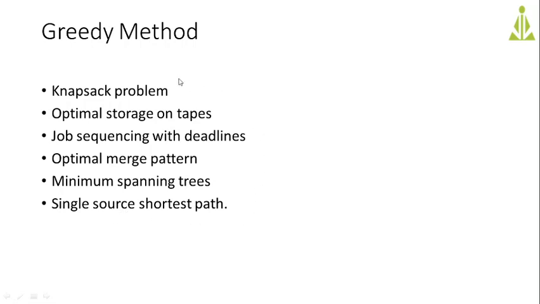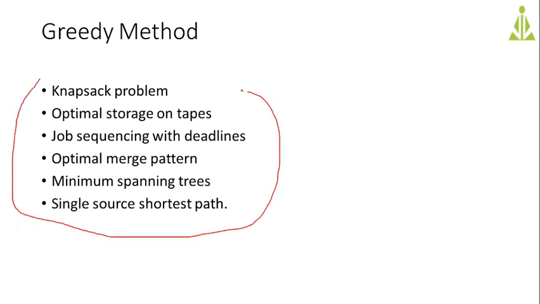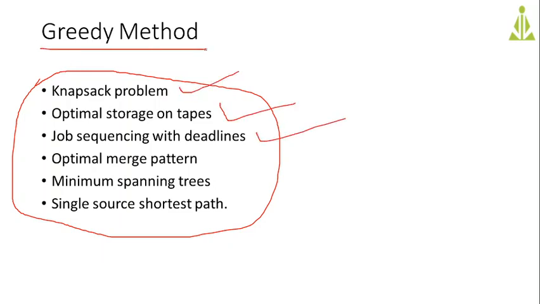These are the kinds of problems we can solve with the greedy method. As per your syllabus, these are the things in your syllabus. With the help of the greedy method we can solve the problem.